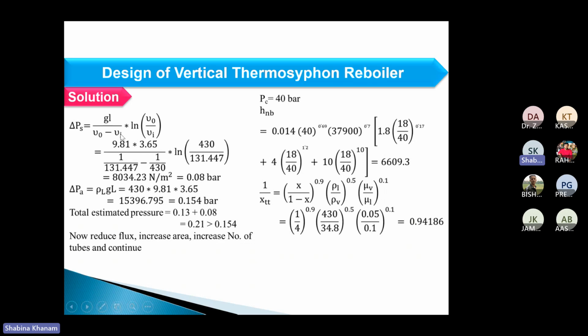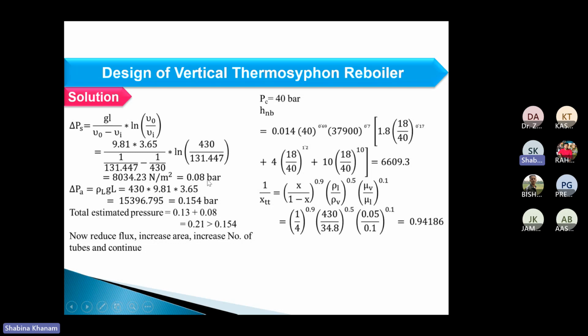So we will consider rho g h, but because the density is different at exit and entry condition, we will consider the specific volume, which is nothing but the reverse of density, as we have just seen at exit and entry condition. So static head you can find as 0.08 bar.